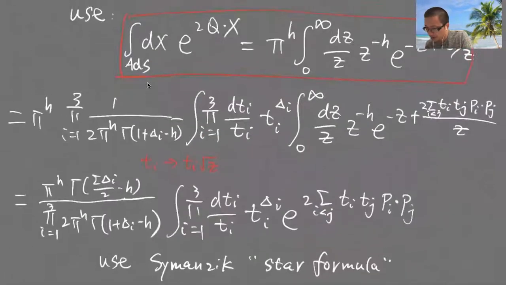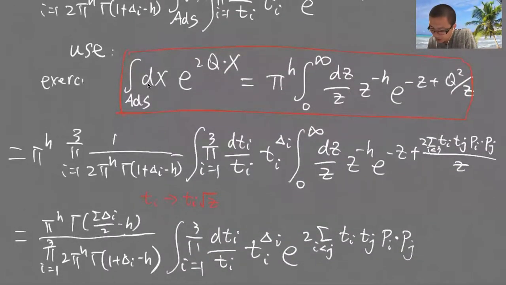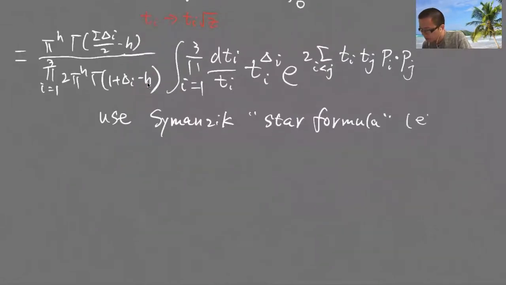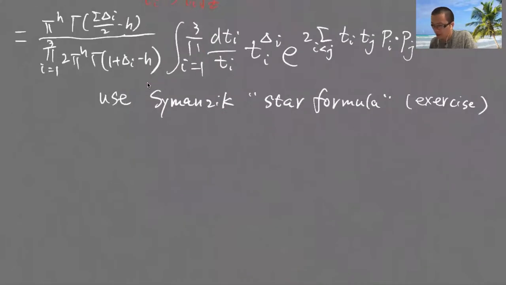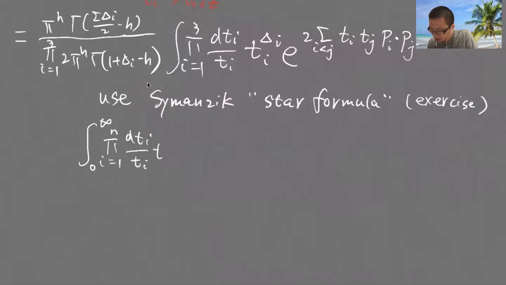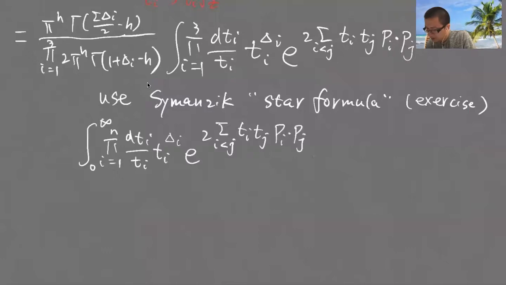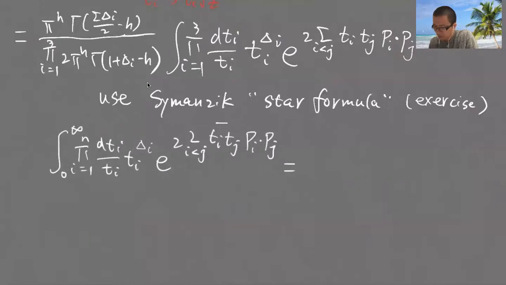In general, if I have a bunch of t integrals like this one, say m of them, dt_i over t_i, t_i^Δ_i, with e^{-Σ t_i t_j P_i · P_j}, it is given by another integral, with gamma functions.